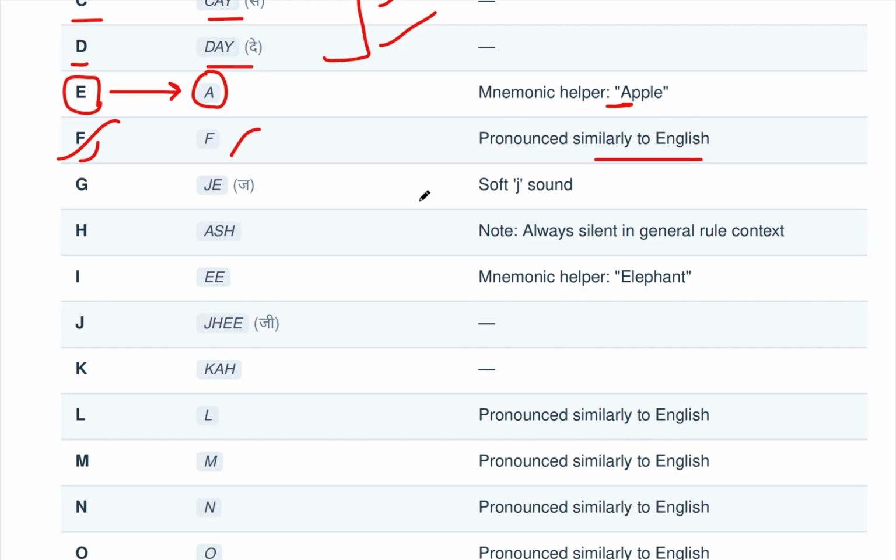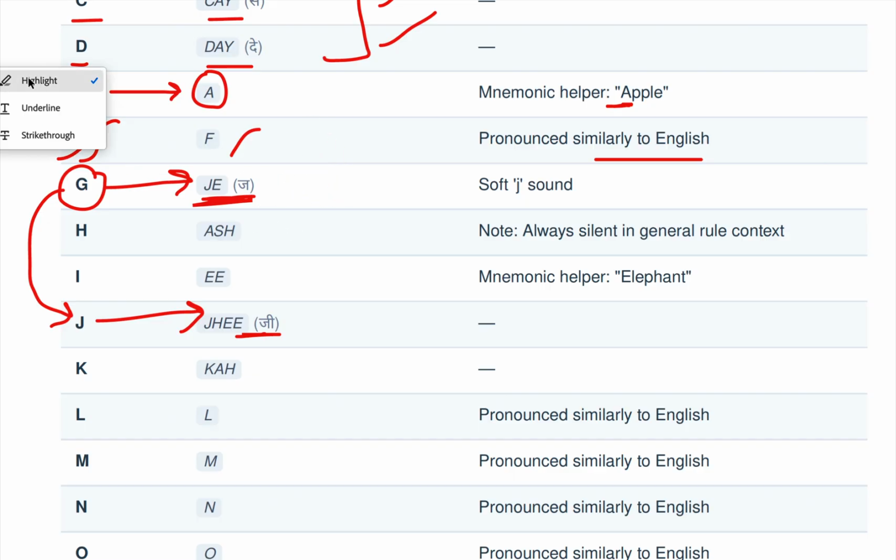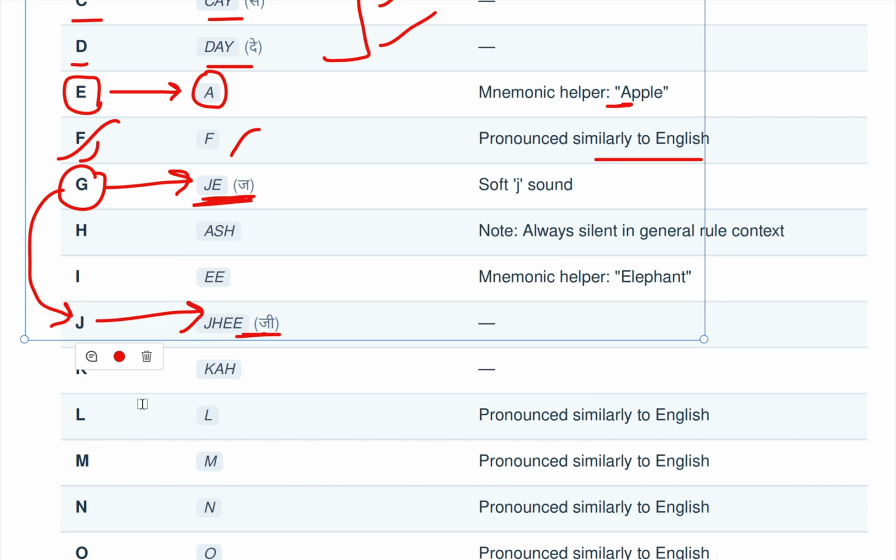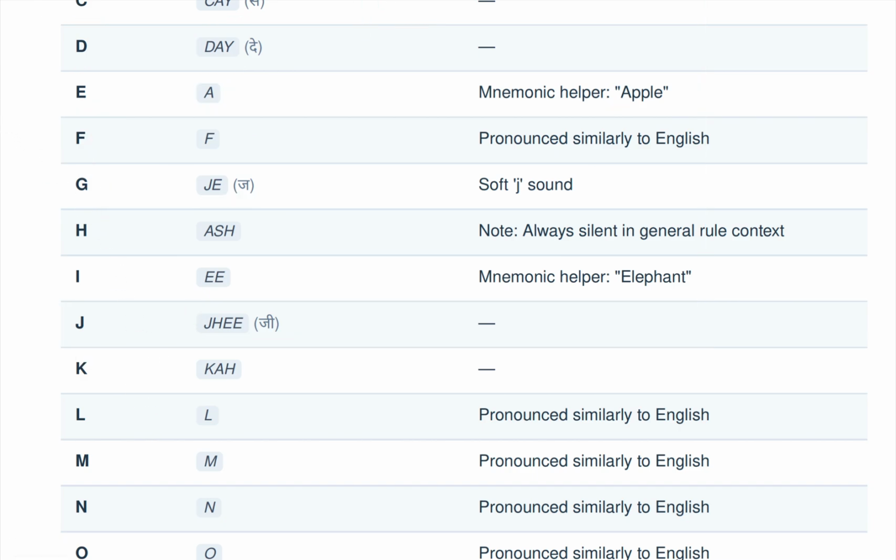G is pronounced like J, a soft J sound, and J will be pronounced like G. They are reciprocal to each other, G and J. D'accord.